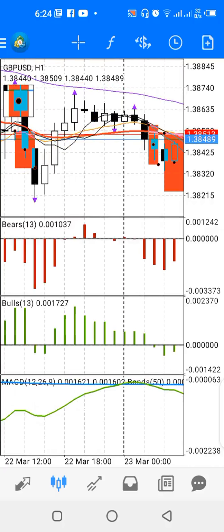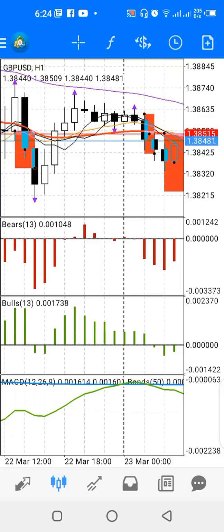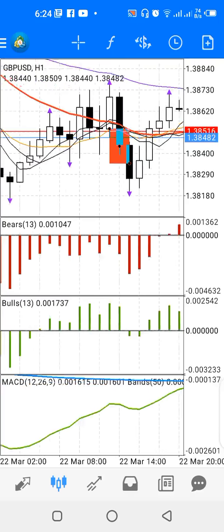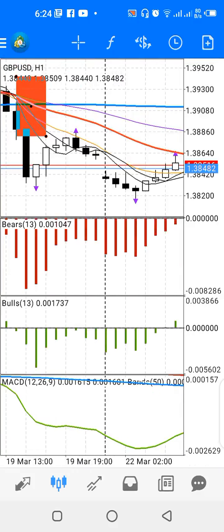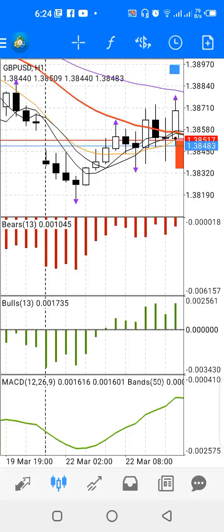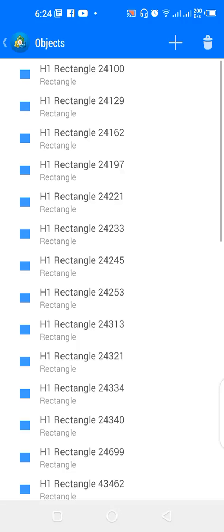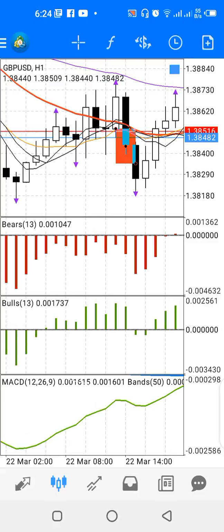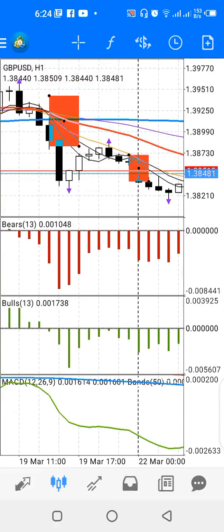But when it drops down below all the moving averages, then you start to anticipate your sell. This is also a selling point, but like what happened initially, price also went back into the range zone. This is the range zone, and you have range.